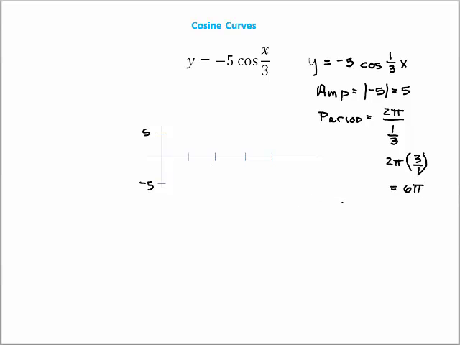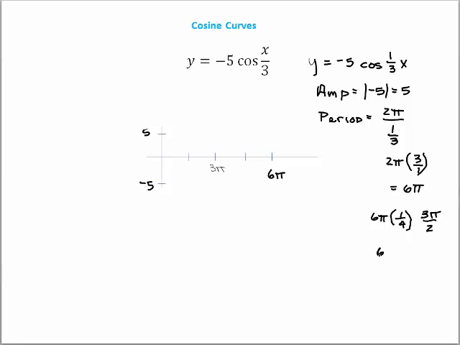Wow, this is going to be a long, stretched out curve. We have 6 pi here. Okay, in the middle, you know we have half of that, 3 pi. Let's just write out a quarter. So we simplify, and that'll be 3 pi over 2.